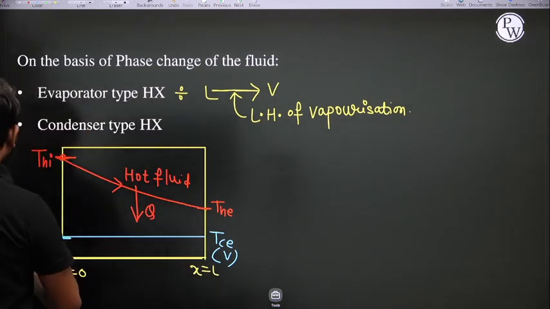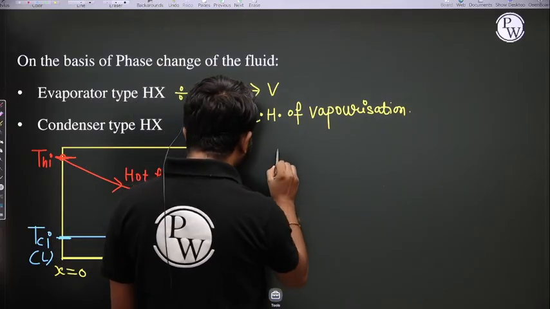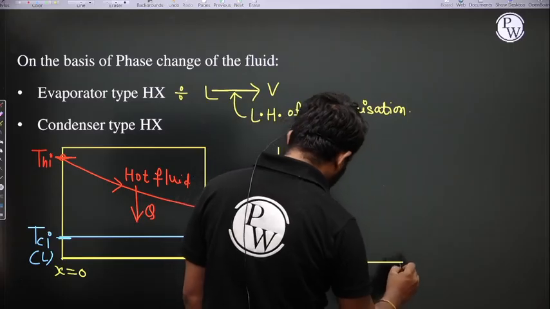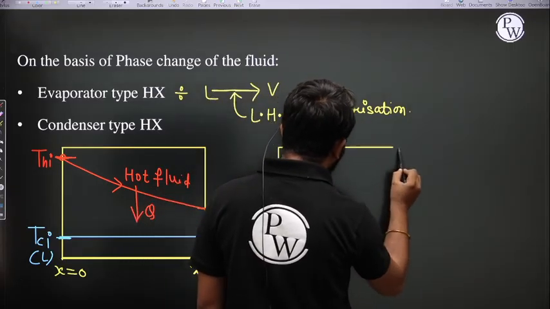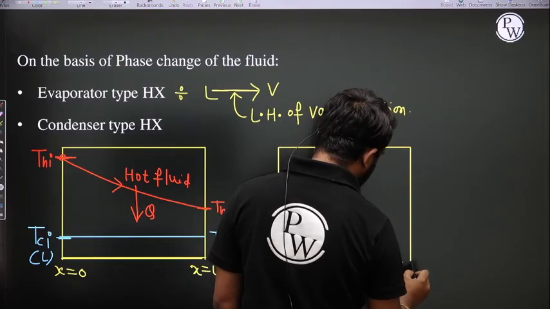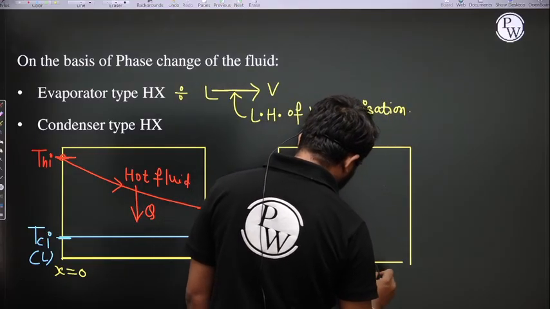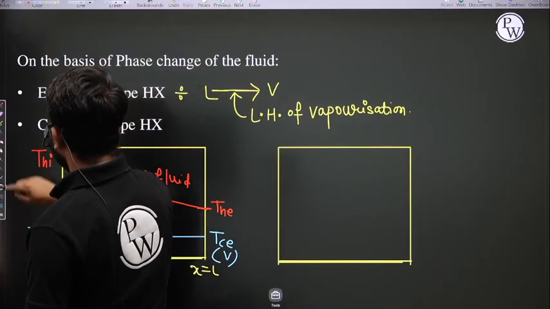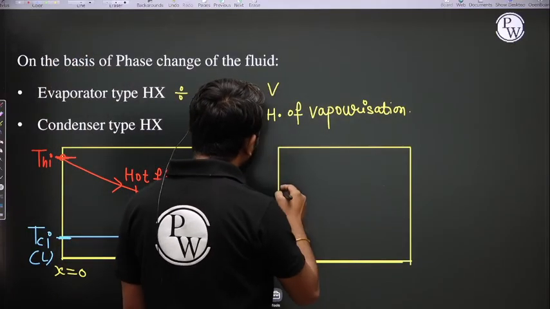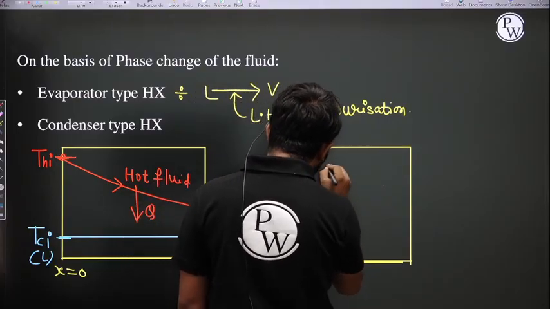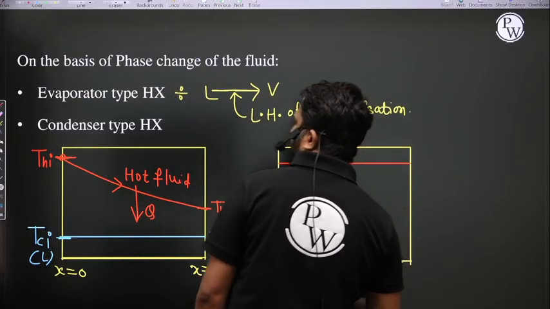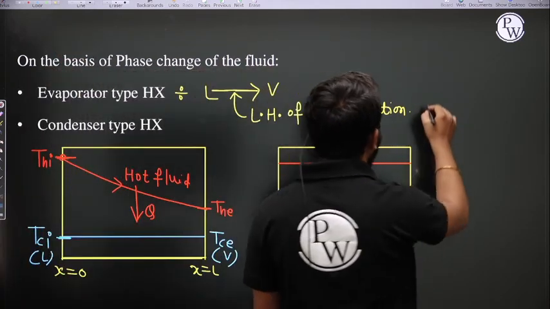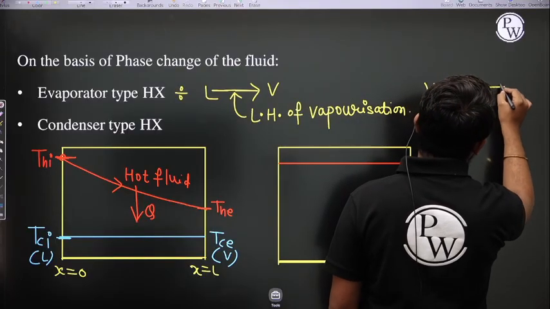Now see here, in the condenser type of heat exchanger, condensation of one fluid occurs. When condensation occurs, it releases the latent heat of condensation, when vapor is converted into liquid.